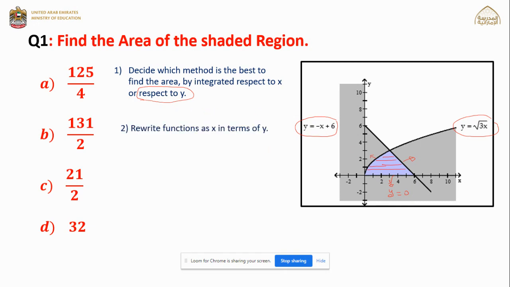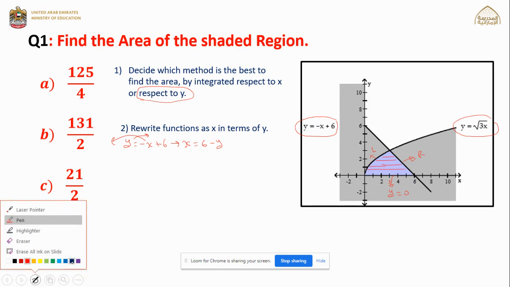Now I will rewrite the functions as x in terms of y. I will start from the right one, this one, and this one is the left. The right one is y equals minus x plus 6. So if I take x to the left side and y to the right side, x equals 6 minus y.